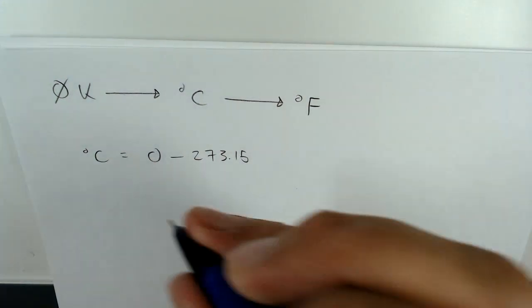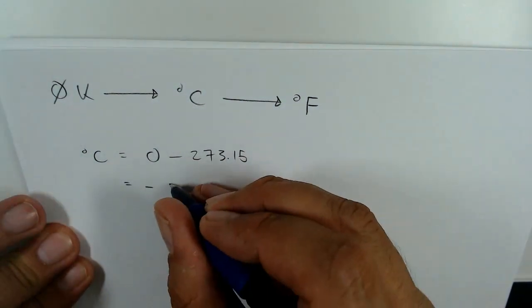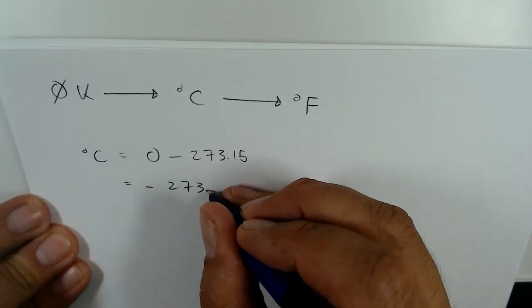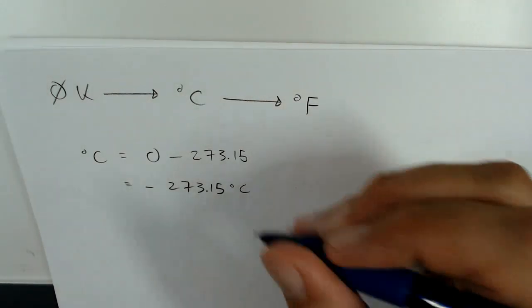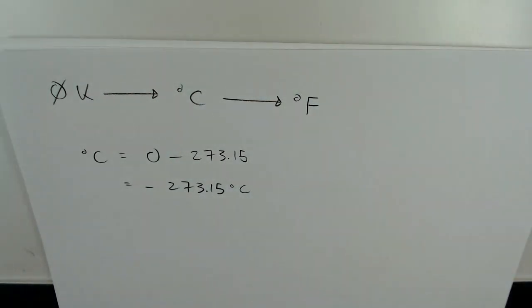All right, so here, this is pretty straightforward. And my units here are degree C. On this part here, you definitely want to be careful of your signs because we have a negative sign here now. Be careful that you're going in the correct direction.